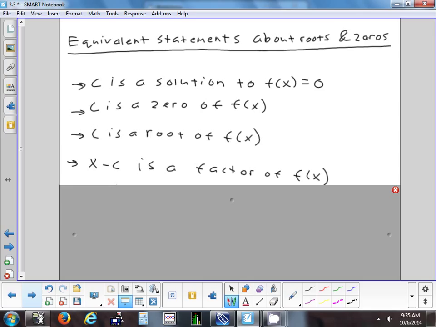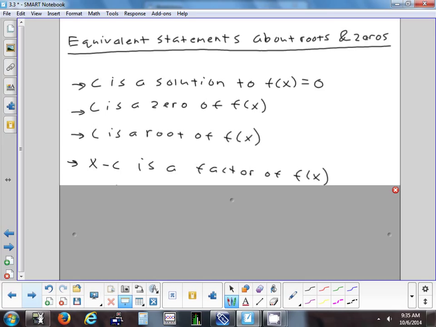This is the new one. If c is a root, x minus c is a factor. And that's what we just did on the last problem. I think we showed that, what was it, -2? Yeah, -2 was a root. So x minus -2 is a factor.